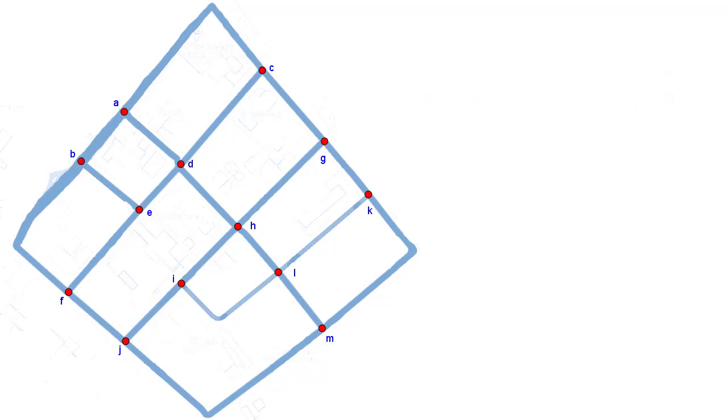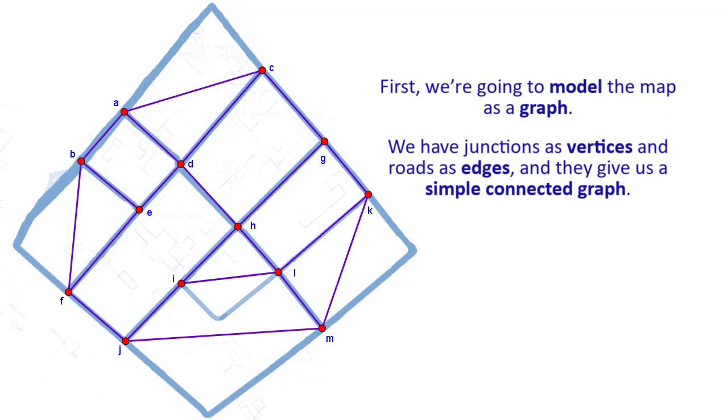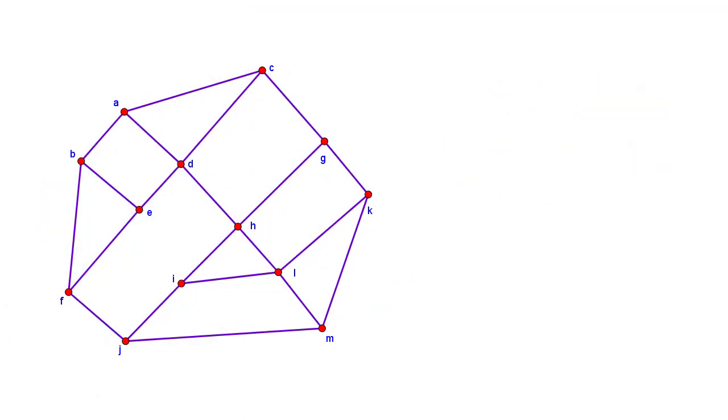Okay, to solve this problem, first we're going to model the map as a graph. We have junctions as vertices and roads as edges, and they give us a simple connected graph. Note that edges are used to represent curved roads.